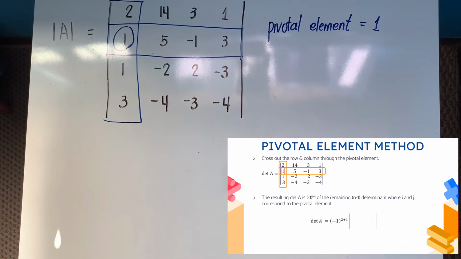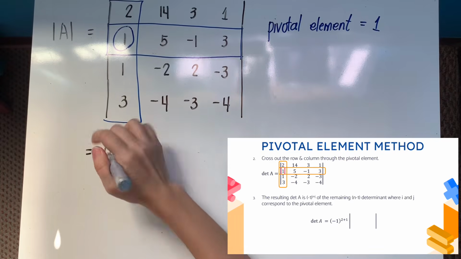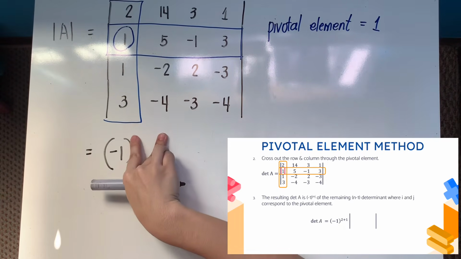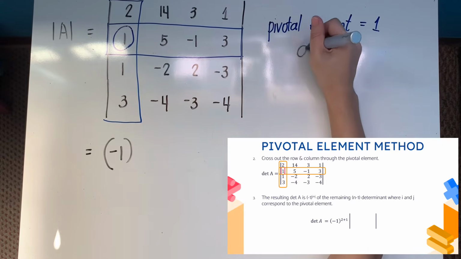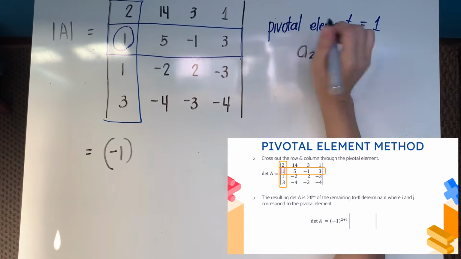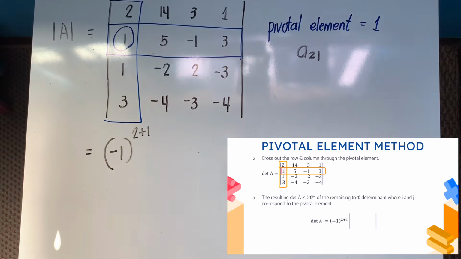And the solution for the pivotal would be, there will always be negative 1 raised to the sum of the position of the pivotal element. So, our pivotal element is at A2,1. Therefore, this would be negative 1 raised to 2 plus 1.